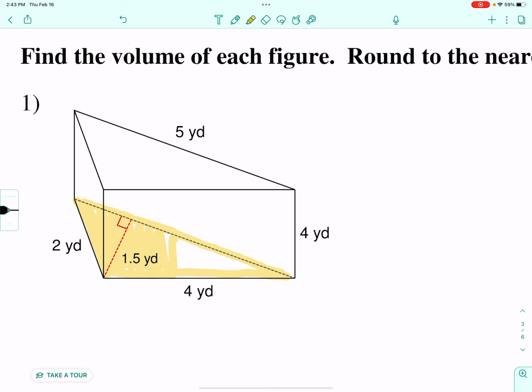So I have this triangle on the bottom. And this triangle, that's not a triangle, on the top. They don't intersect each other. They appear to be the same size. So these are going to be our bases.